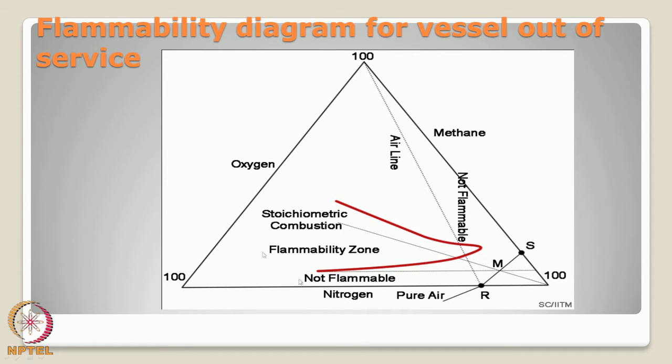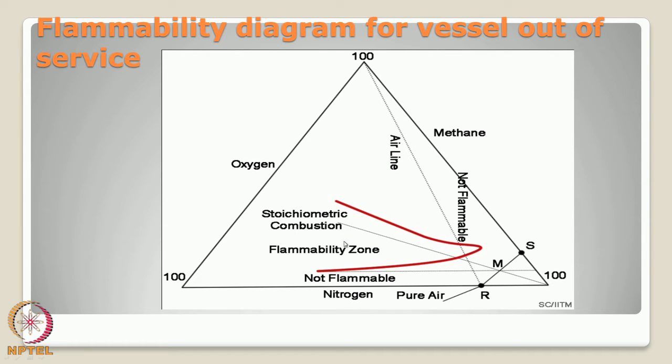Let us say I have drawn the air line, and I am able to get the nose of the curve. So, we know that this region and this region are non-flammable regions, and the nose is decided by the stoichiometric combustion point, and therefore this region shown in red color is the flammability zone.